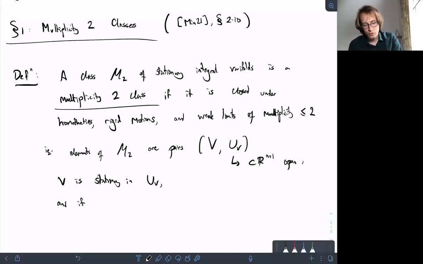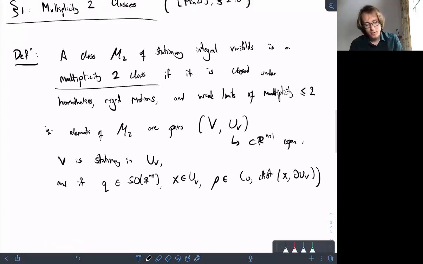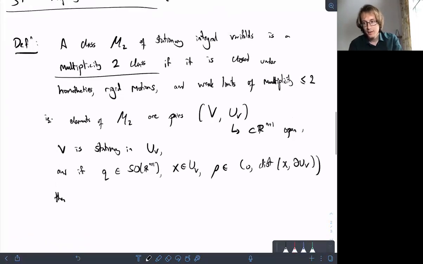If we have an orthogonal rotation of R^{n+1}, any point in U_V and a scale rho, then we can rotate V and similarly rotate U_V to remain in the class.